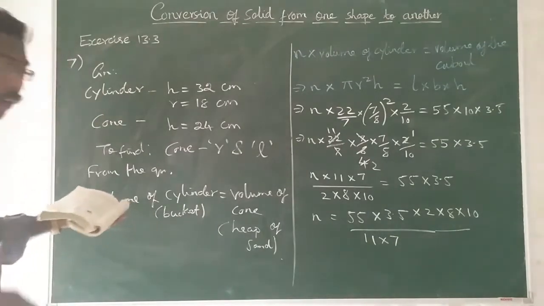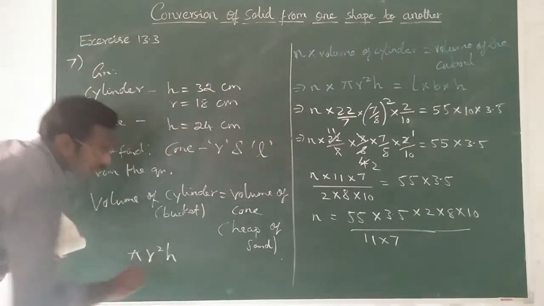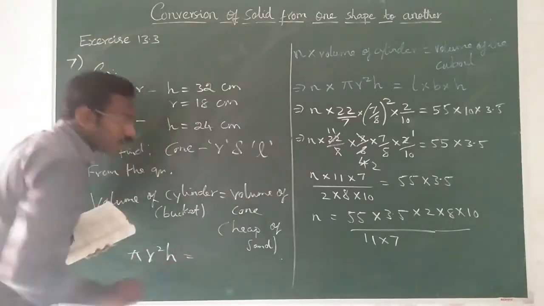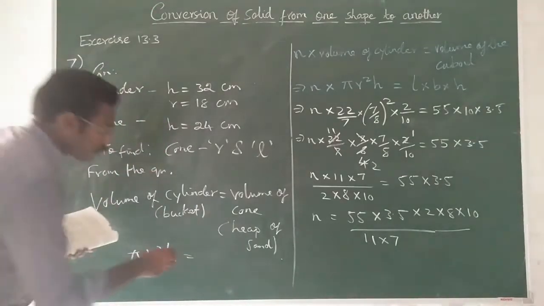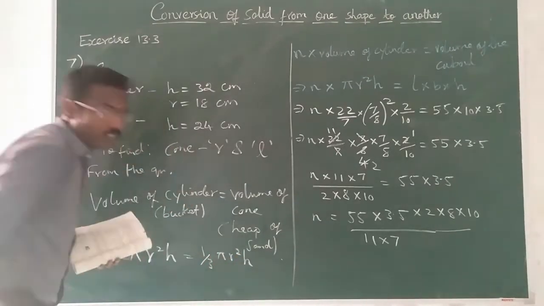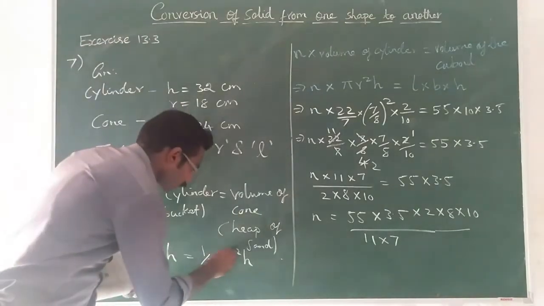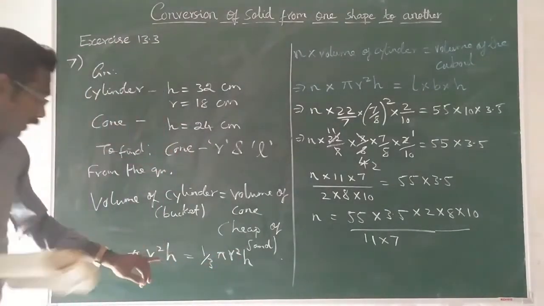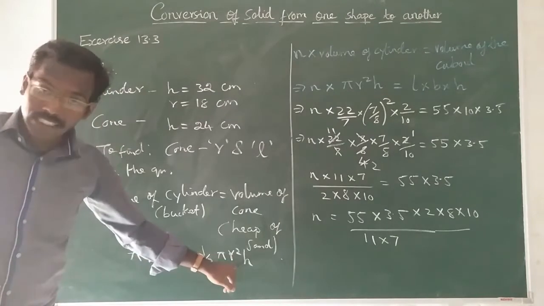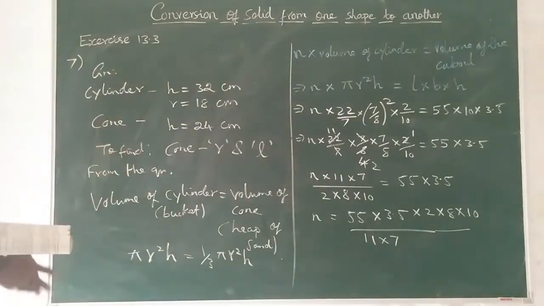So you know the volume of cylinder formula is pi r square h. That is equal to the volume of cone, 1 by 3 pi r square h. Here you see, this is the cylinder's radius, this is the cone's radius. This is the cylinder's height, this is the cone's height. So we have to differentiate it.